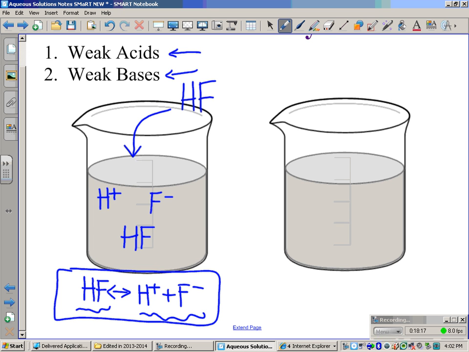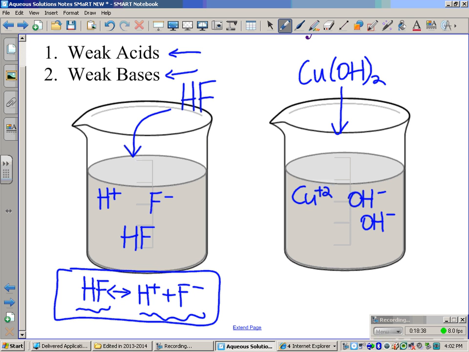We can do the same thing with a weak base. Which one do we want to use? Let's use Cu(OH)2. Copper hydroxide, not one of your strong bases, so we are going to get some dissociation. We will get Cu plus 2s. We will get 2 OH minuses for each Cu plus 2, so I'm writing my ratio correctly there in my beaker, but I'm definitely going to have Cu(OH)2s left.